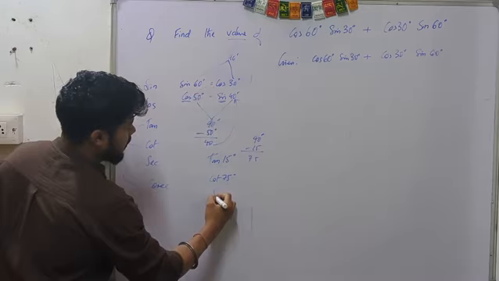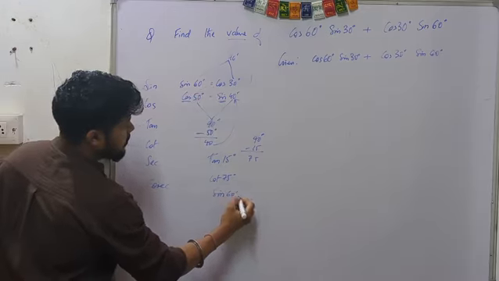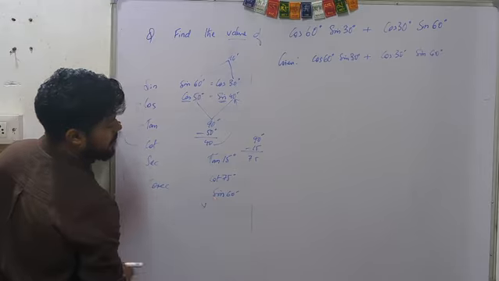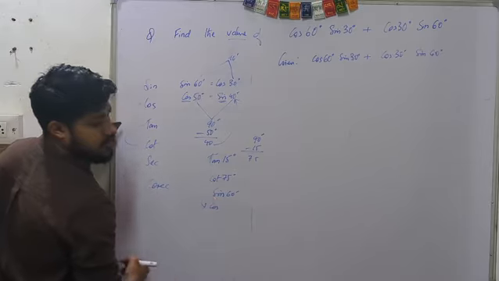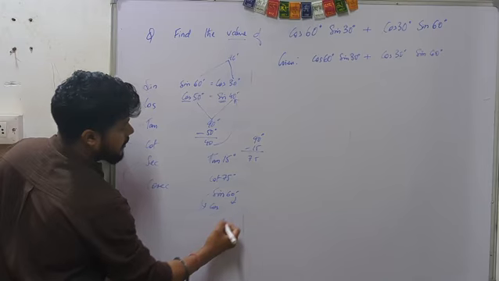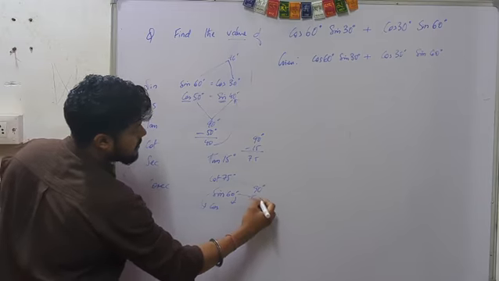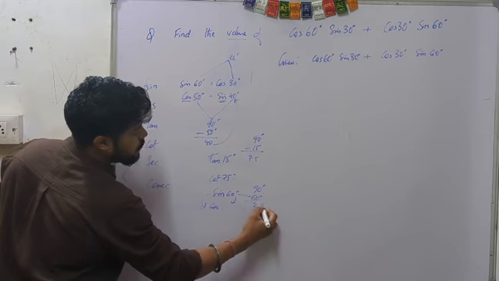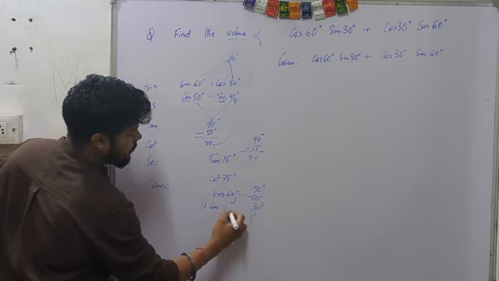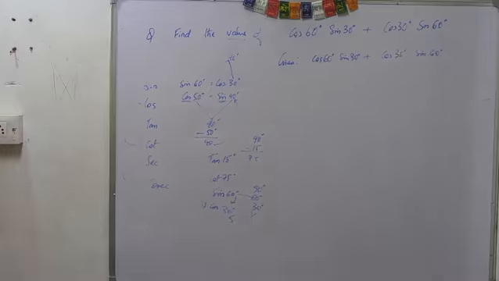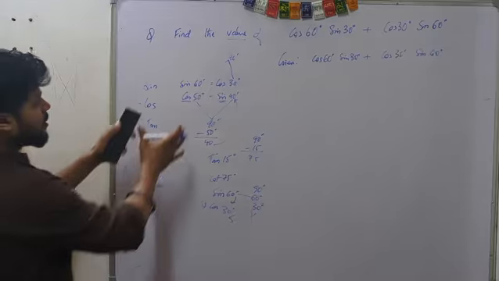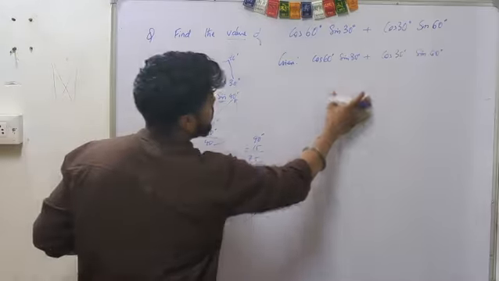In the same way, if I'm taking sine 60 degree, the complementary to sine is cos, and for the angle, 90 degree minus 60 degree gives you 30 degree, hence you got the complementary angle, 30 degree. Is it okay? Based on this knowledge, you're going to solve this sum.